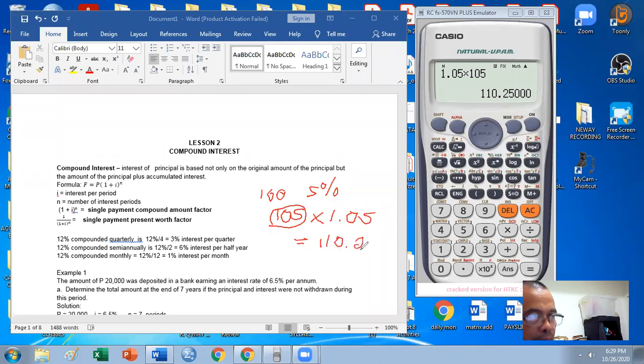So unlike sa simple interest, yung 5% ng 100, bali 5 pesos yung interest, plus another 5, that's 10 pesos. Magiging 110 lang yan. Ito 110.25 na. So that's the concept of the compound interest.